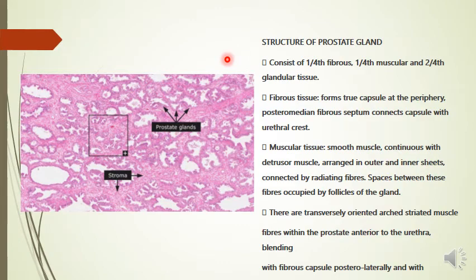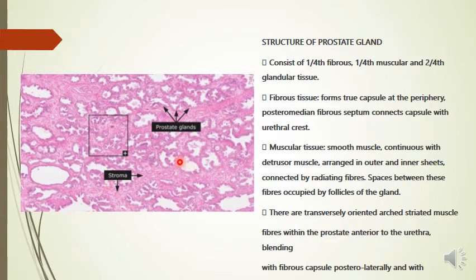Now coming to the structure of the prostate gland, or the microscopic structure. So 1/4 of the fibrous tissue, 1/4 of the muscular tissue, and 2/4 of the glandular tissue. If we divide the substance of the prostate gland into 4 parts, 2 parts are glandular tissue.